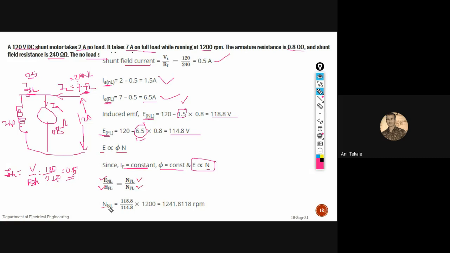So speed at no load will be equal to 118.8 by 114.8 times the speed at full load, which is given as 1200. From that equation we will get 1241.8, and that is the answer. This is again a numerical type of example.